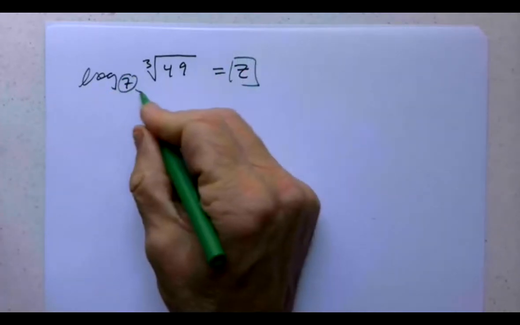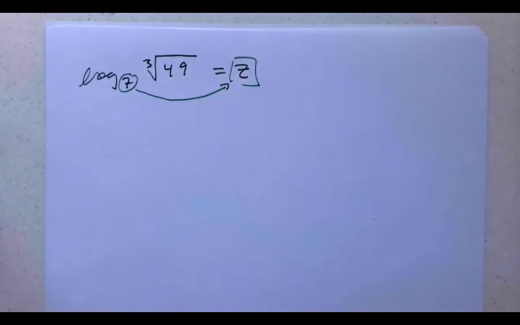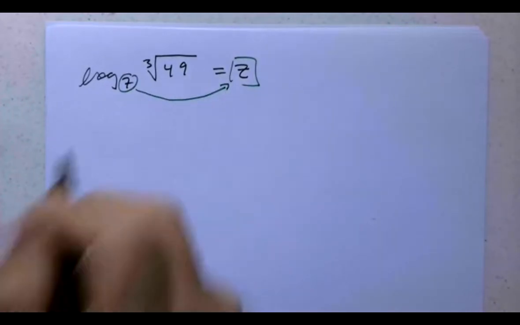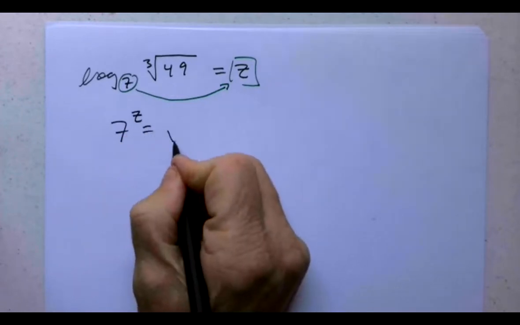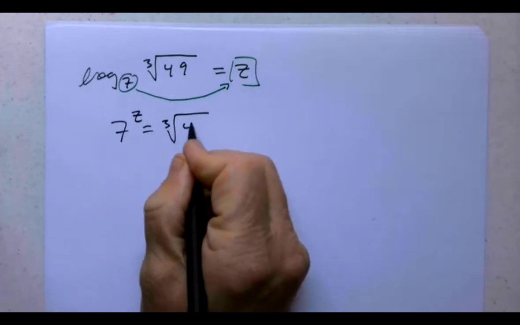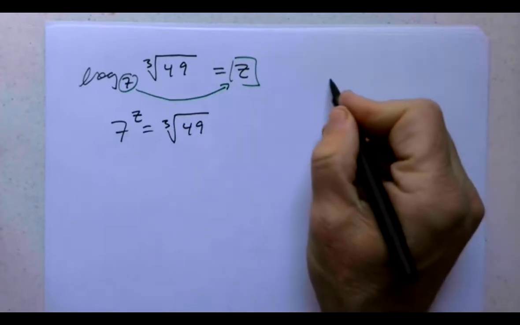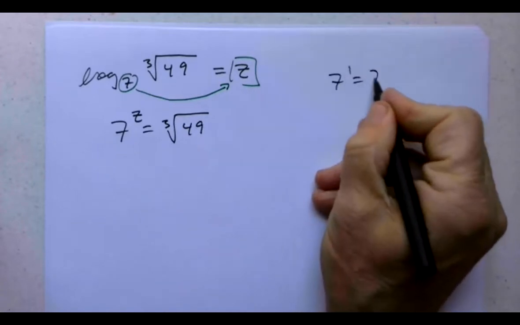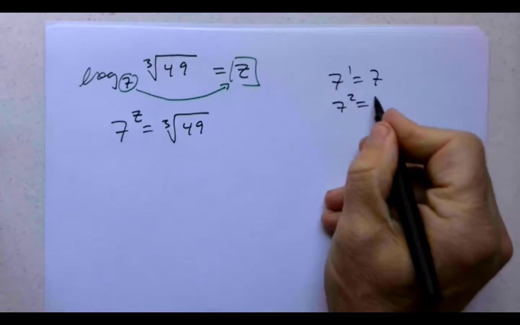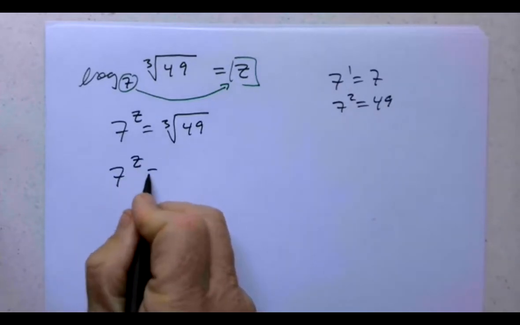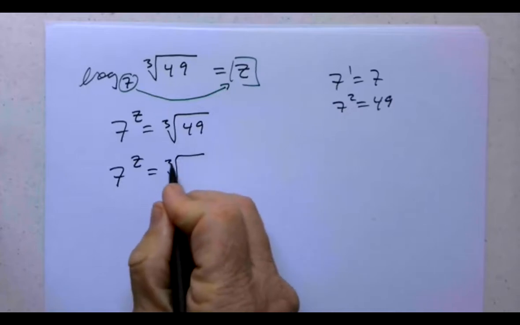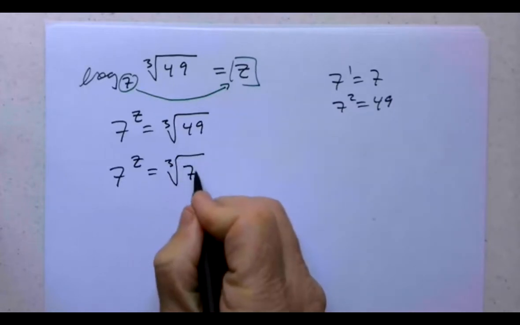Box the exponent. 7 to the z equals the cube root of 49. What is 49? Right, 7 to the first is 7. 7 to the second is 49. So I get 7 to the z is the cube root of 7 to the second.